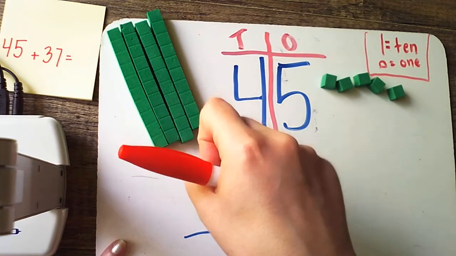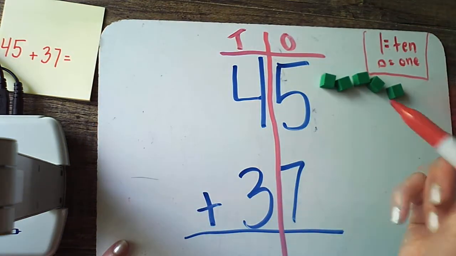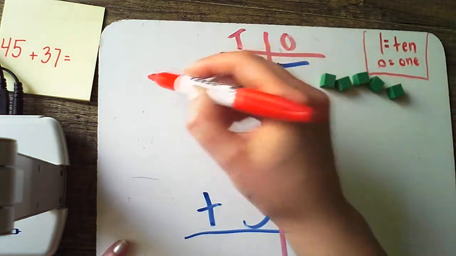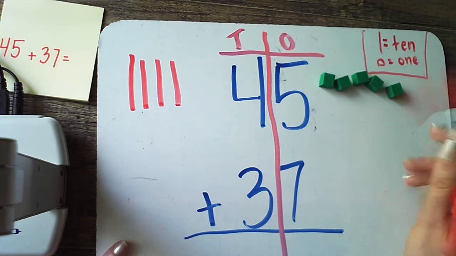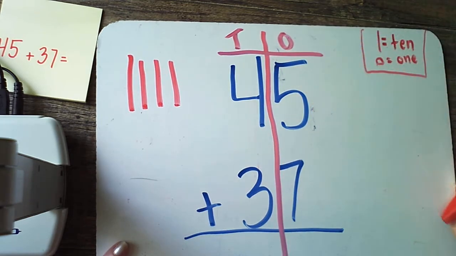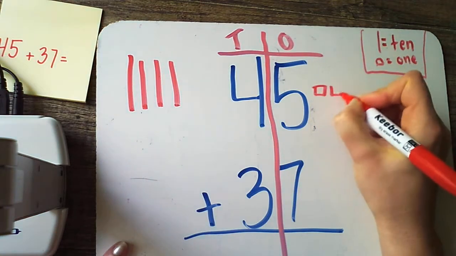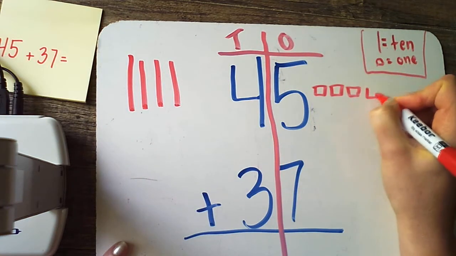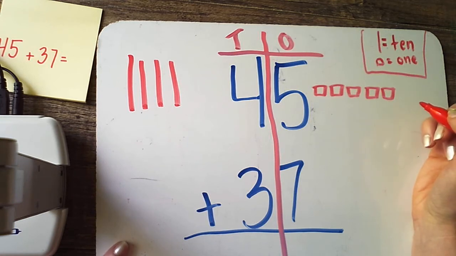So instead of laying out 4 base 10 blocks, I'm going to draw 4 base 10 blocks like this. 1, 2, 3, 4. Instead of laying out 5 ones, I'm just going to draw 5 ones. 1, 2, 3, 4, 5, making sure I do that inside my invisible 10 frame.